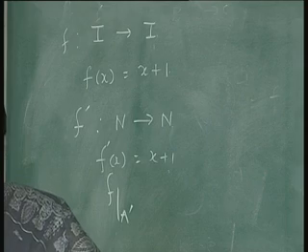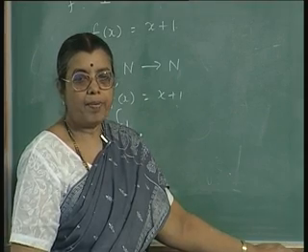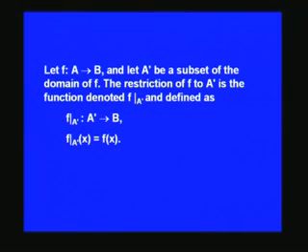It is defined from A dash to B, but as far as the elements of A dash are considered, it is the same as f of x. F dash of x is also the same as f of x.